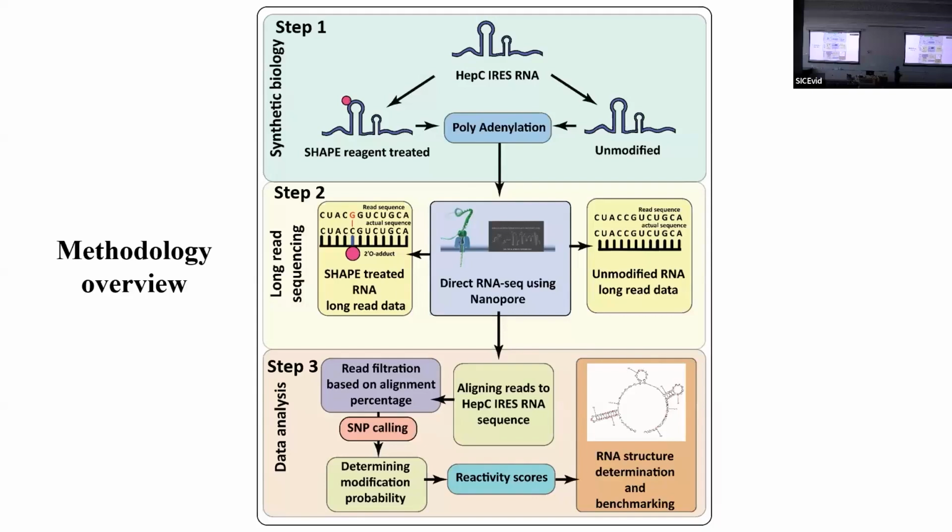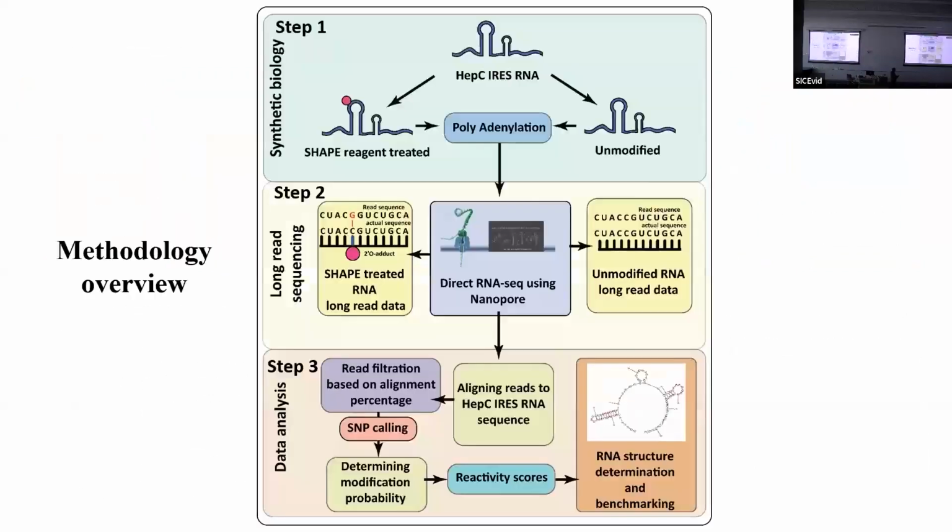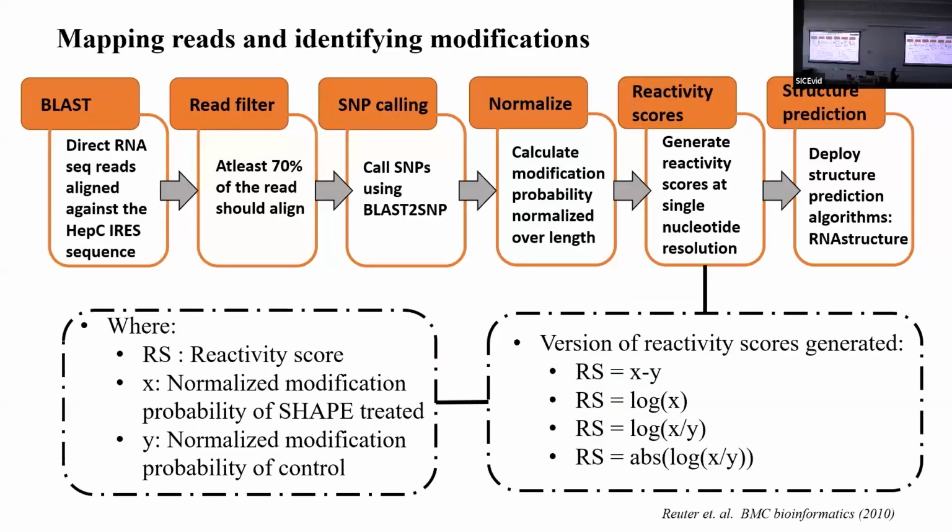But since this original effort, we started building machine learning models, not trusting the base caller, but doing our own version of it. So we need to define a reactivity score. Remember, I said a very simplistic reactivity score. This is again summarizing simple bioinformatics stuff, where you align the reads. If the read covers at least 70% of the region, you keep it. You call the SNPs.